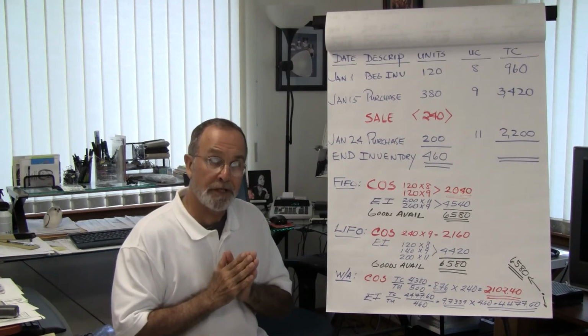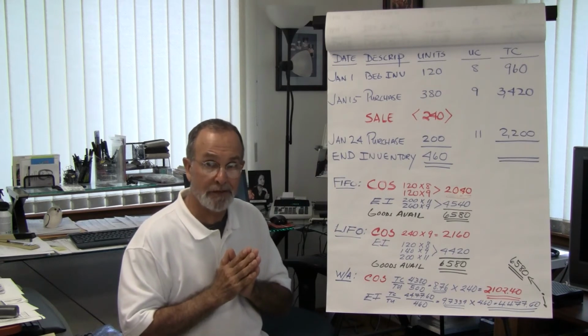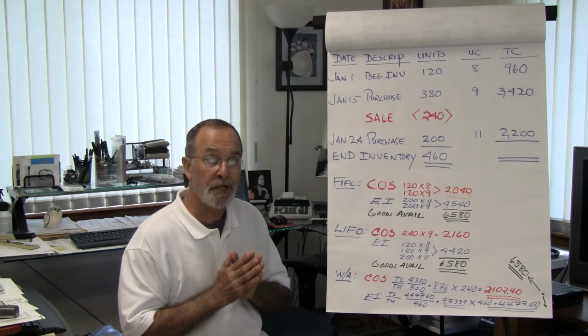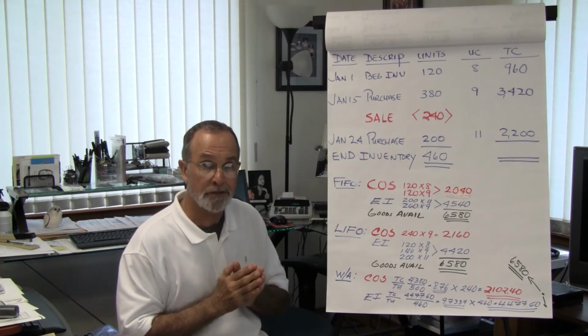When you're using the weighted average cost flow assumption with the perpetual inventory method, that means you must re-average your unit cost every time you make a sale.